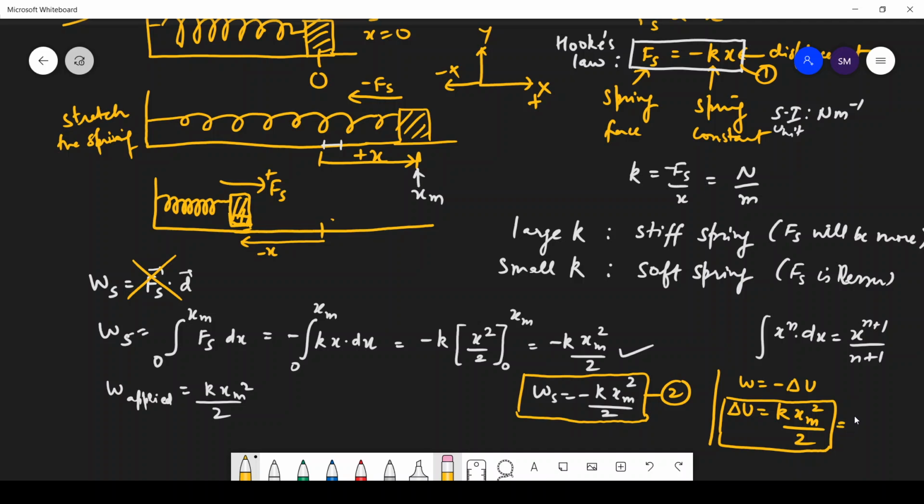What is change in potential? Final minus initial. Oh sorry, not kinetic, we are talking about potential. So final minus initial, this is what change means. Initial u was 0 at this position. So if ui is 0, then uf is the potential energy stored at this point, given by k xm square by 2. Okay.